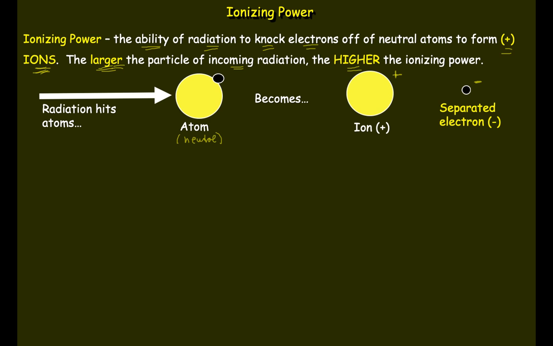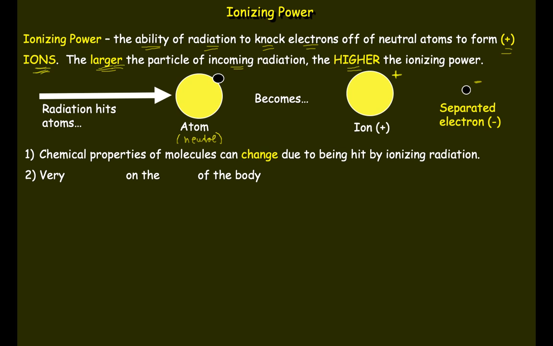Is that a good thing or a bad thing? That is a good thing if you want to use some type of electrically conductive material here, because this will conduct an electrical current. However, if this is a useful molecule that's in your body, in your lungs, in your blood, and you ionize those important molecules, that could be a problem. That can be very unhealthy. So ionizing power is the ability to form an ion.